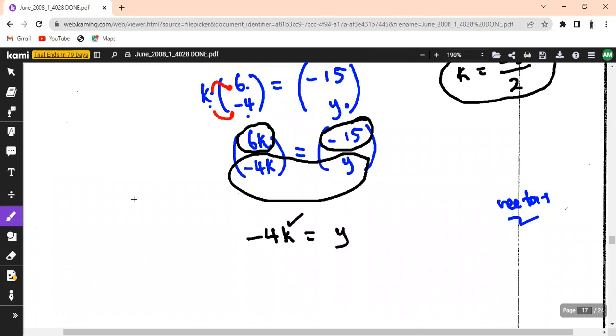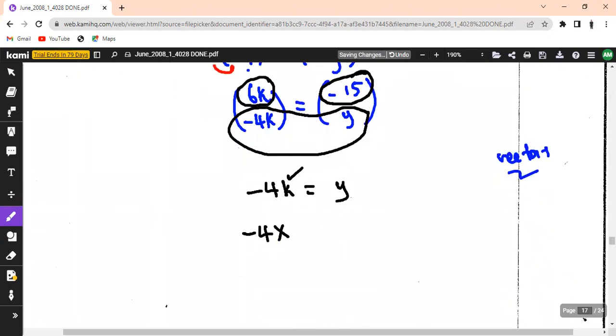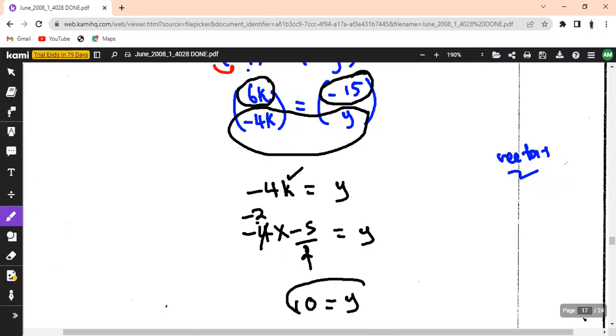I have the value of k, so I'm just going to multiply minus 4 times k. We said our k here is negative 5 over 2. So you multiply by negative 5 over 2, you obtain the value of y. So 2 into this one, it's negative 2. Negative 2 times negative 5, which is positive 10, which is equal to y. So in this case, y is going to give us positive 10.